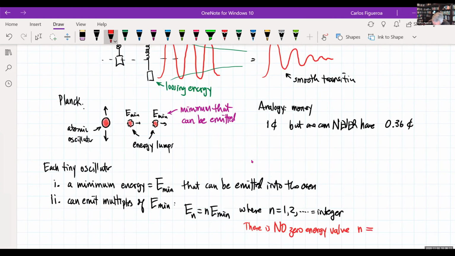That means n equal to 0 is not a possibility. And by the way, if you've ever taken chemistry and talked about atoms and the ground state energy, guess what? This is the origin of it. It was Planck that essentially discovered that issue.